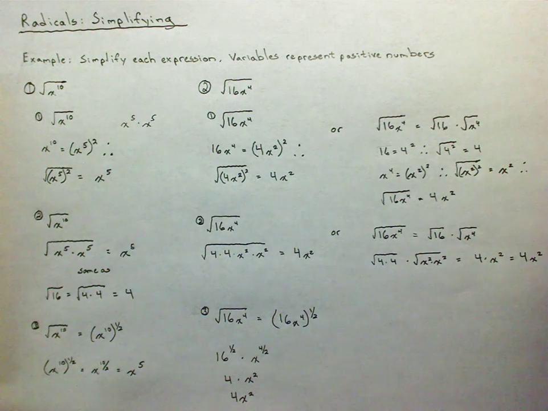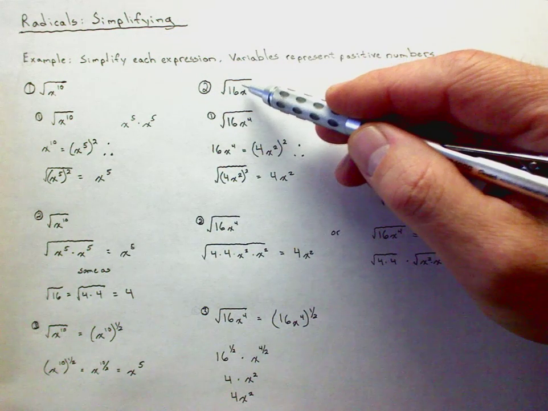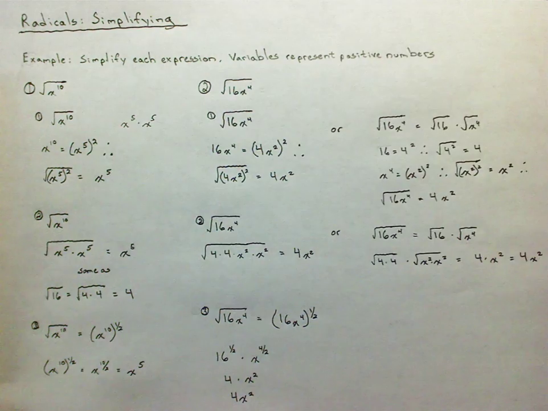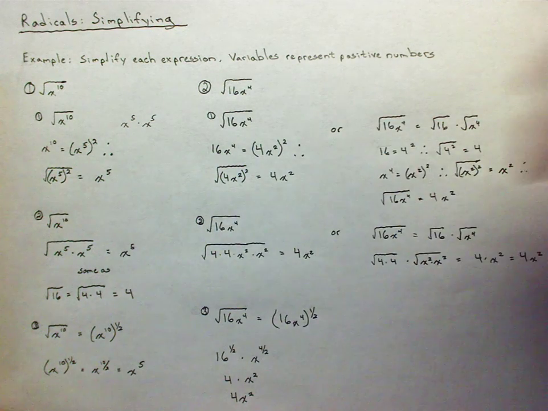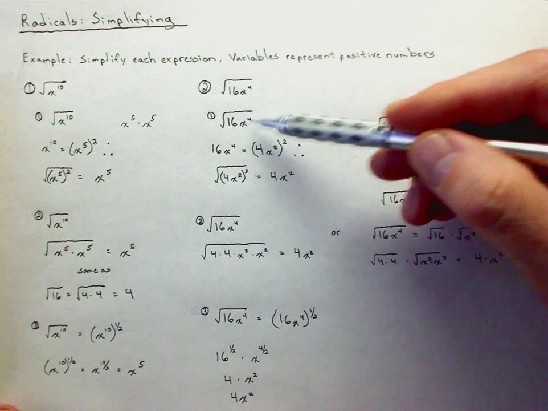Another example, I have the square root of 16x to the 4th. Now you realize you don't have to write all of this out like I have written out. If you see the answer, you go ahead and solve. But to write it out to show you each one of these steps, this is what we have. We have the square root of 16x to the 4th.